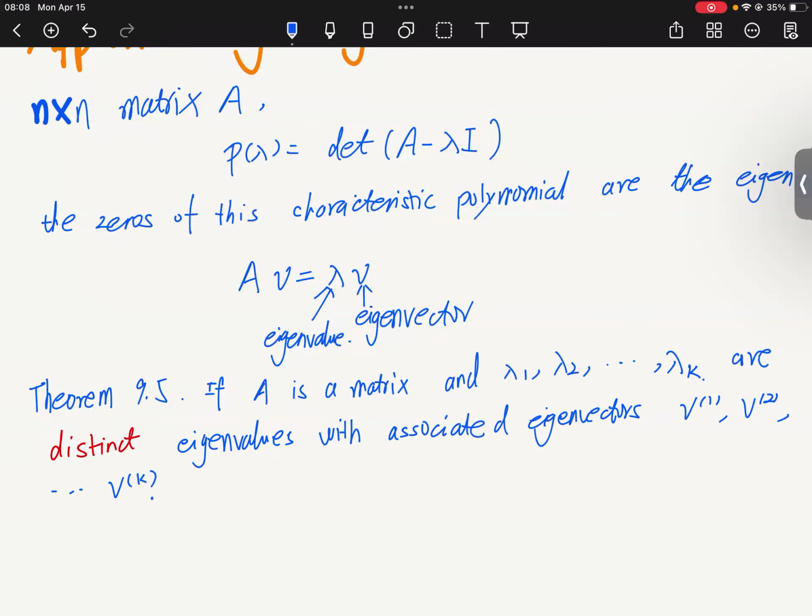Then this collection V1, V2, to Vk is a linearly independent set.